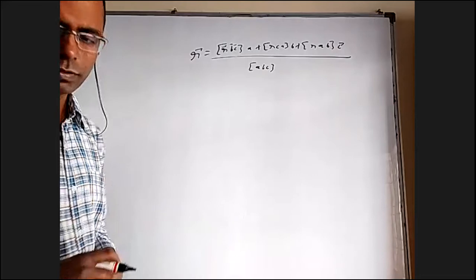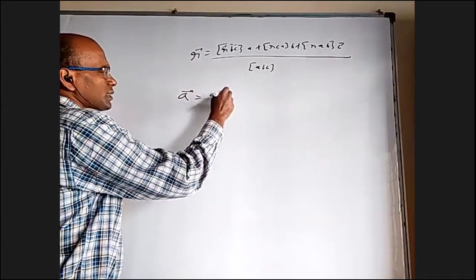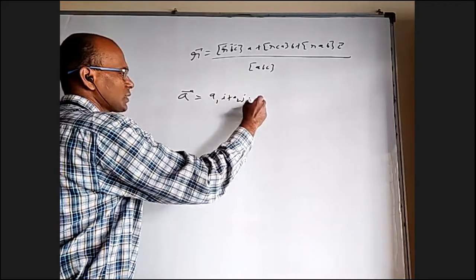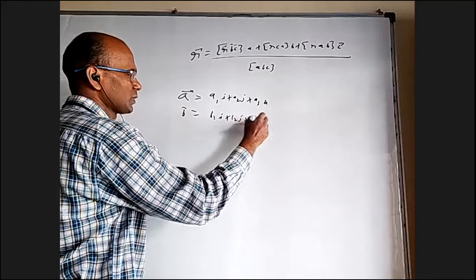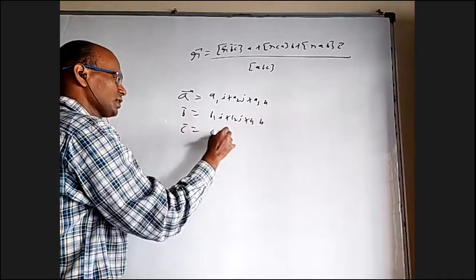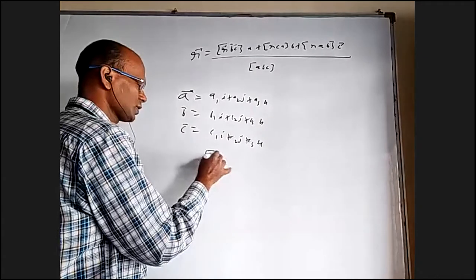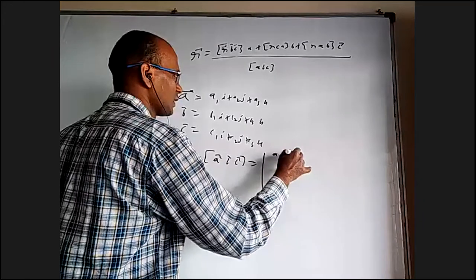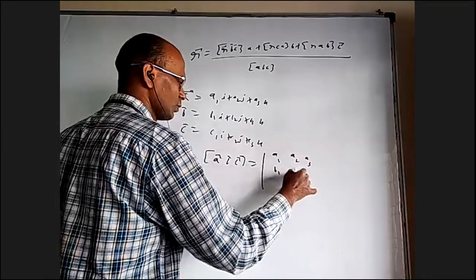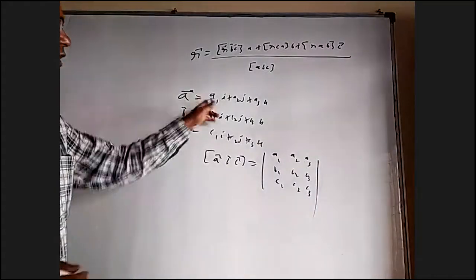Yes, thank you. We know right in the beginning, just now we discussed, if A bar is A1I plus A2J plus A3K, and B bar is B1I plus B2J plus B3K, and C bar is C1I plus C2J plus C3K, box ABC is equal to the determinant A1, A2, A3, B1, B2, B3, C1, C2, C3. What if it is not in terms of IJK?